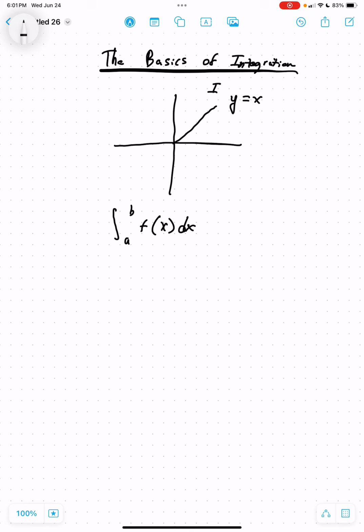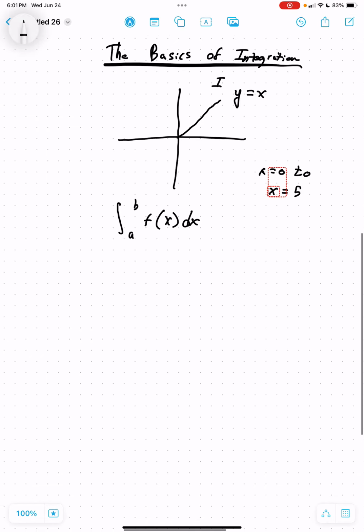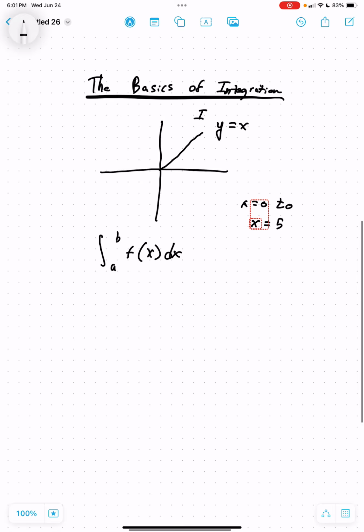So for instance, if I wanted to integrate this function y equals x, and I wanted to integrate from x equals 0 to x equals 5, I would write that as the integral from 0 to 5 of f of x, and then I have to substitute in my function. So my function is x dx.